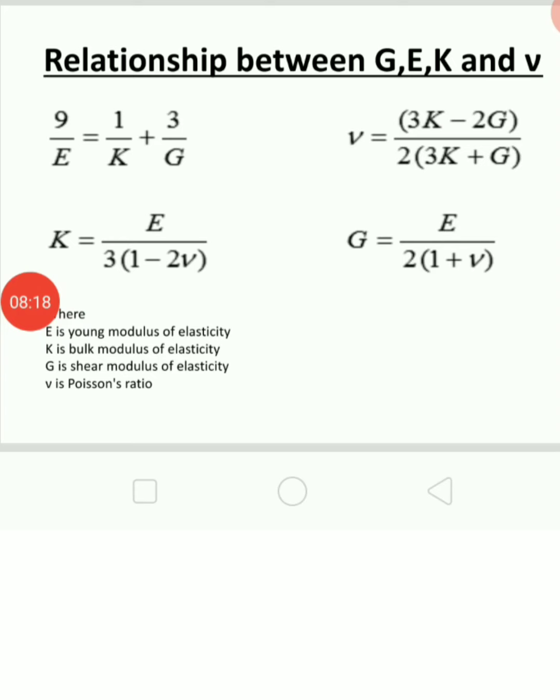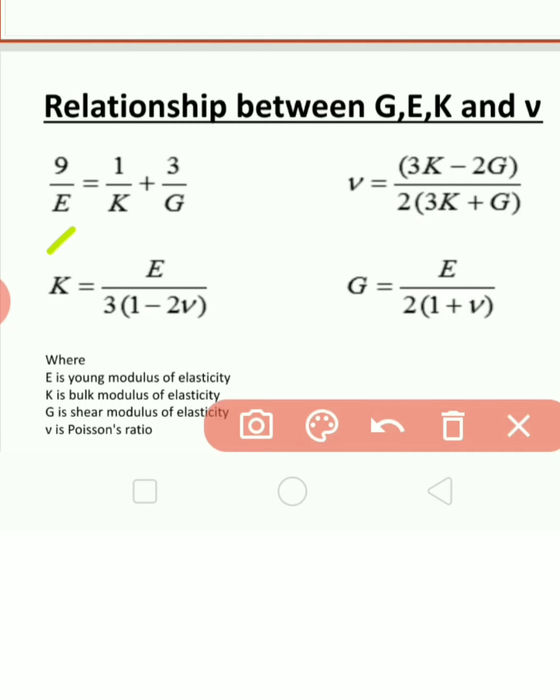Now the relations between G, E, K and mu, where G is modulus of rigidity, E is Young modulus, K is bulk modulus and mu is Poisson's ratio. The first relation is 9 upon Young modulus equals 1 upon bulk modulus plus 1 upon modulus of rigidity. This is your first equation.